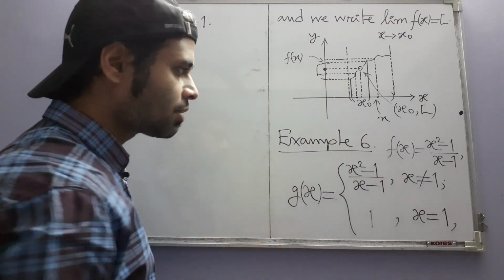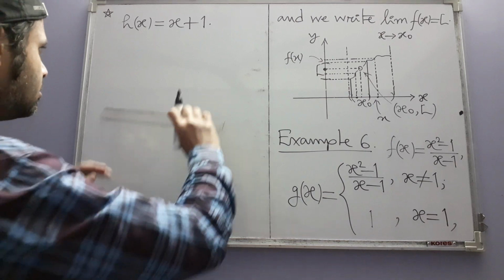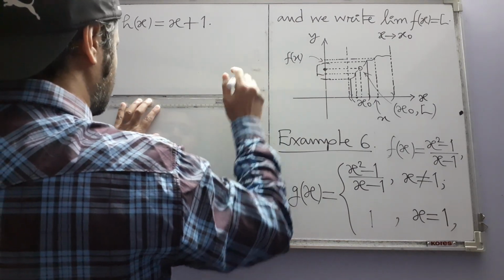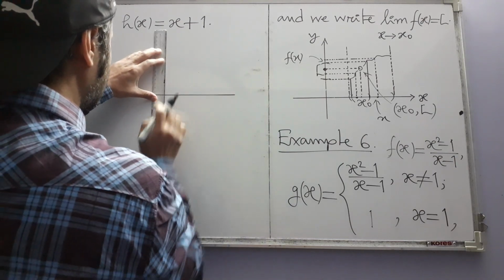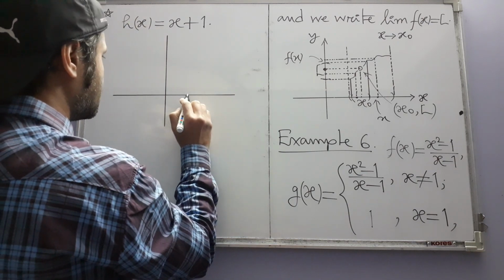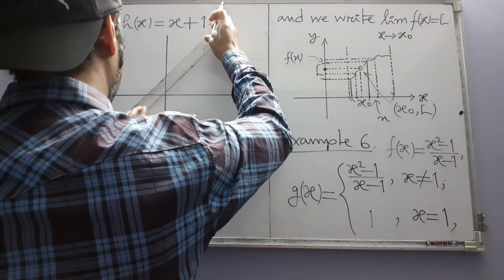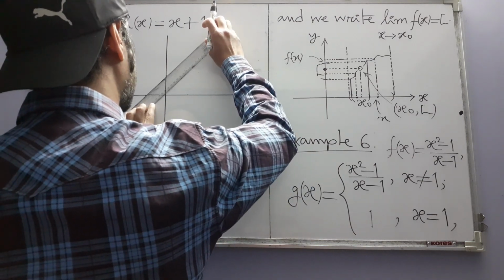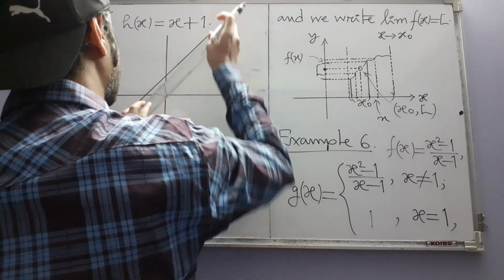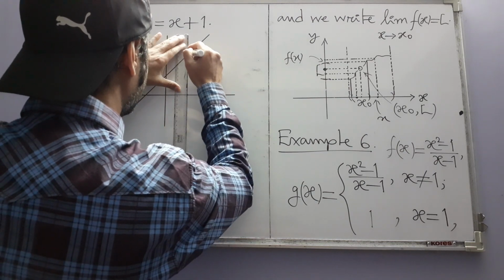Now let us draw the graphs of these functions. The graph of this function, of course, we have already drawn, so we know how it looks. We can quickly draw it. So say this is our 1, minus 1, 1. And the point that we have to remove is this one.